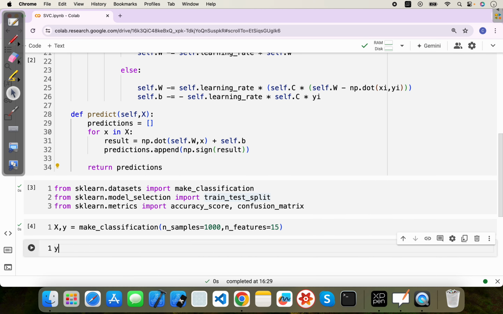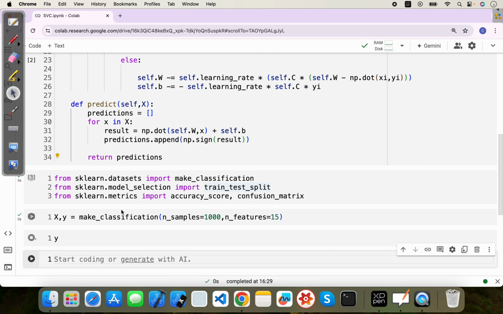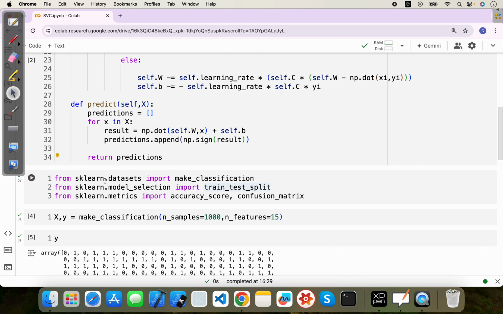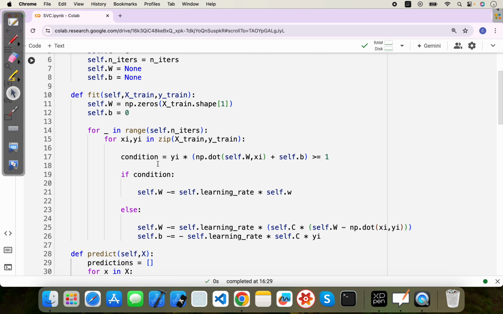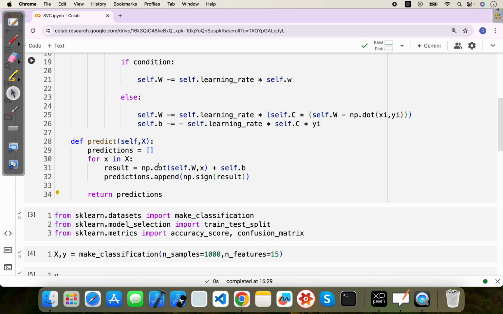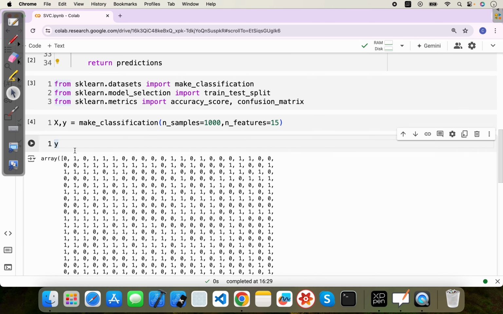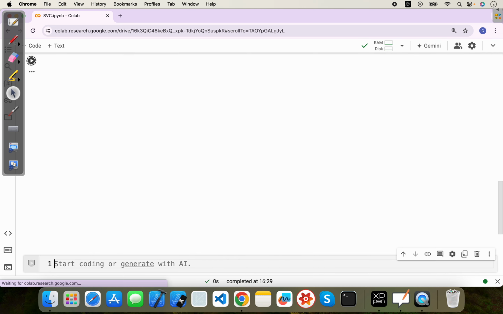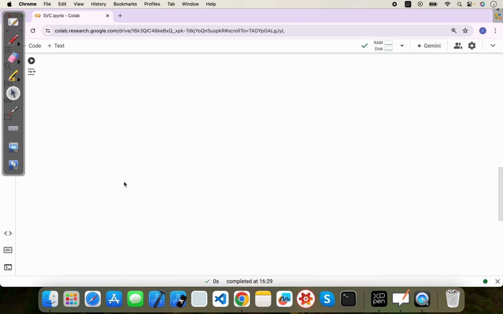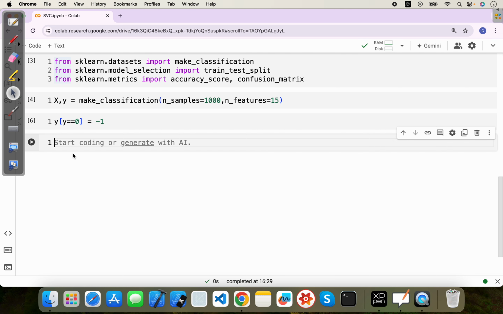Here if you see y, we will have 0 and 1 values, right? But for our SVM implementation we would require -1 and +1, right? So let's change y of y equal to 0. So we are converting 0 to -1 here, right? Now our y will be in the form of -1 or 1.